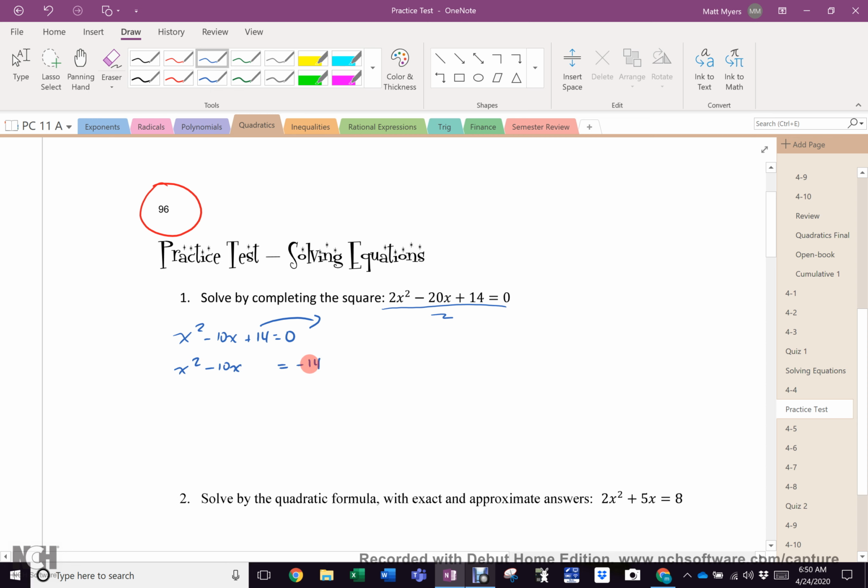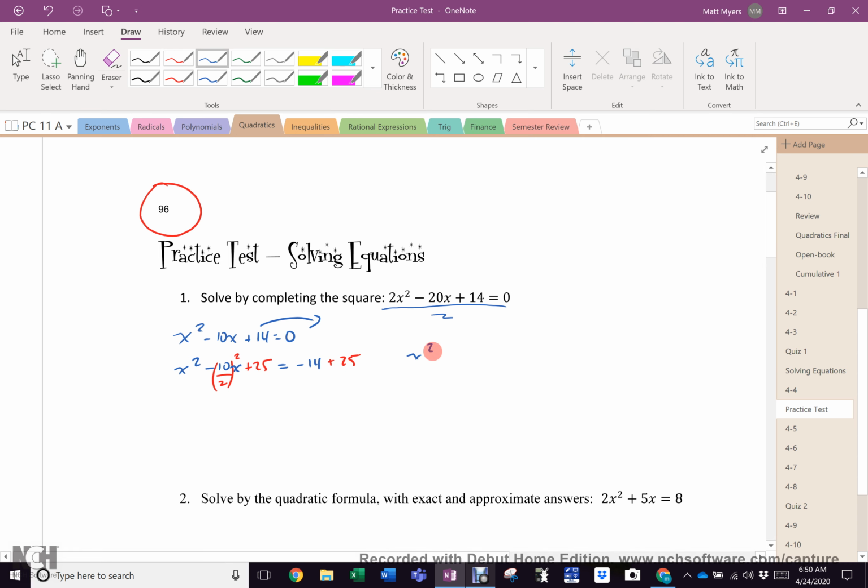And of course, I leave a space there because that is where I'm going to divide 10 by 2 and square it, which of course gets me positive 25, which I have to add to both sides. Now I have x squared minus 10x plus 25 equals, I forgot, this is 7.